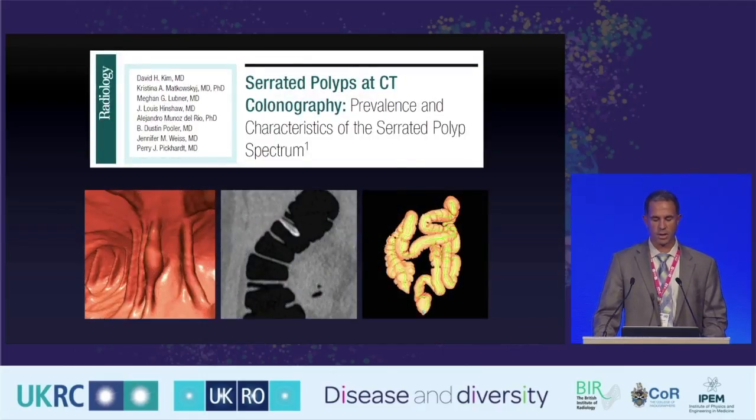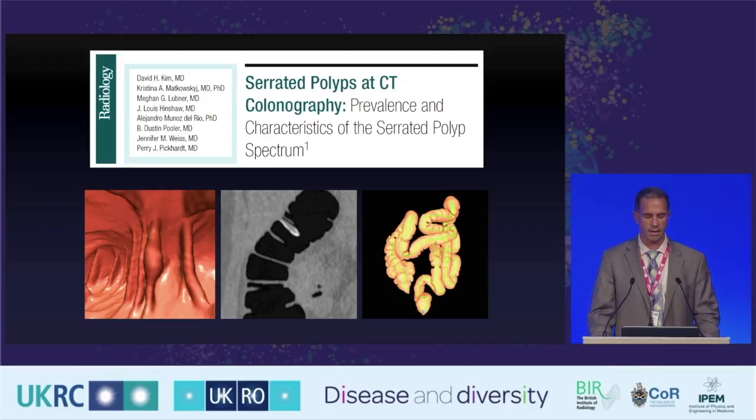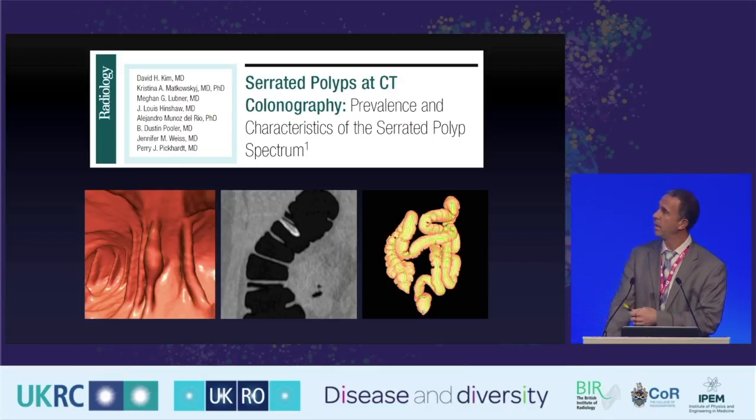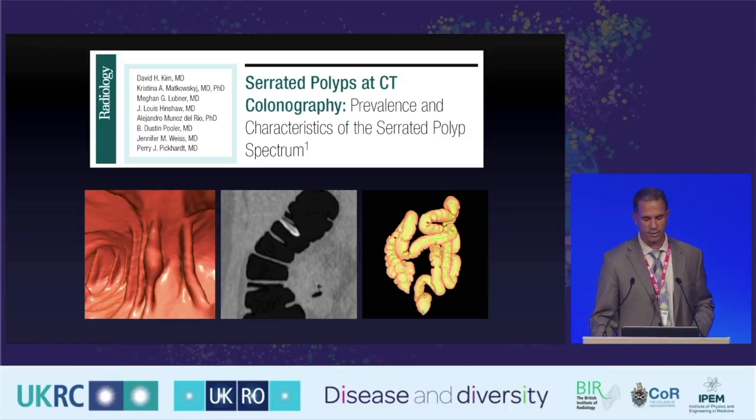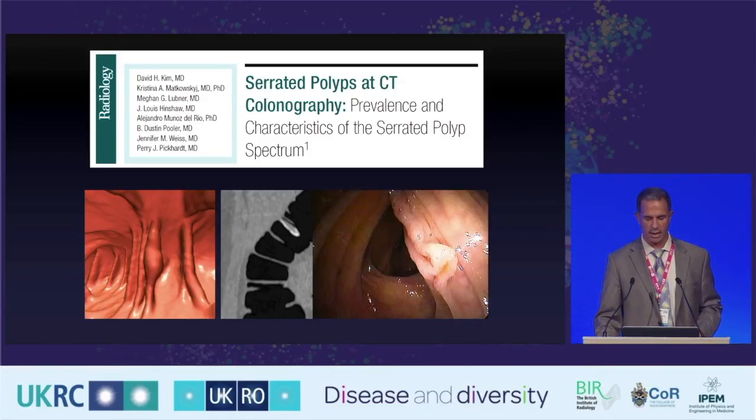We also have looked quite a bit at serrated polyps and have gotten better over the years. Once we identified that the barium, we believe it's the barium, tags these flat lesions actually quite nicely. And you can see here on the center, that's a tagged lesion that's actually thickening up that 3D view. It's actually a fairly flat lesion, but with that coating of contrast, it makes it look quite obvious.